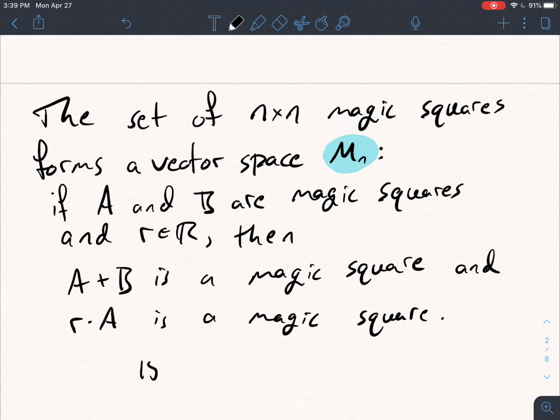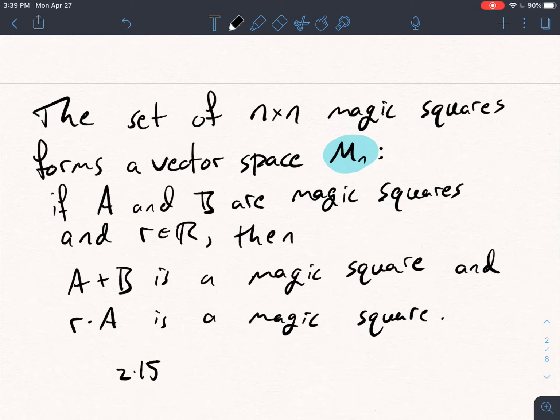And then the same thing holds if you scale an entire magic square. If each row adds up to 15 and you're multiplying that entire matrix by 2, then that row would add up to 30. And same for each column and each diagonal. So the sum of two magic squares is going to be a magic square, and if you scale a magic square, that'll also be a magic square.